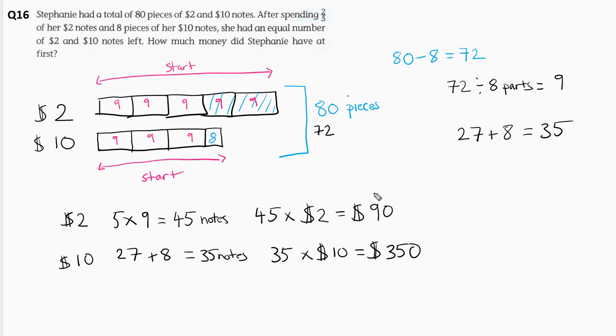And then we just need to add 350 and 90, which of course is 440. So add those two together, and that is $440 altogether.